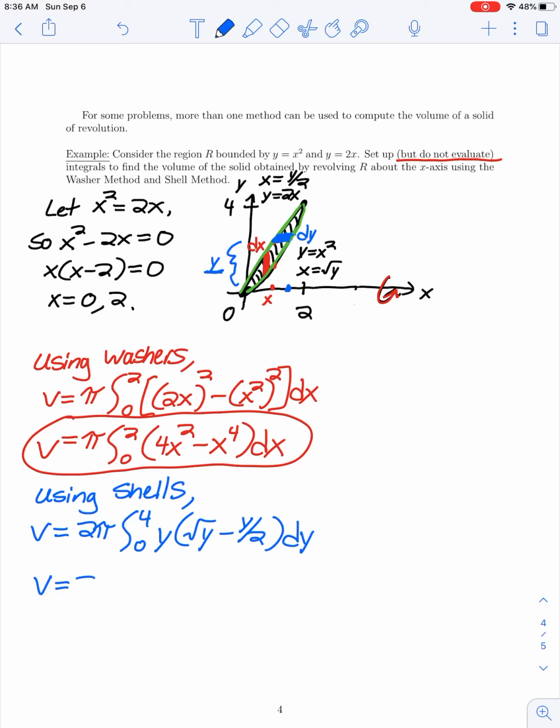So simplifying a little bit, we have 2 pi times the integral from 0 to 4 of, distributing the y, y times root y would be y to the 3/2, minus y times y over 2 would be y squared over 2, dy.